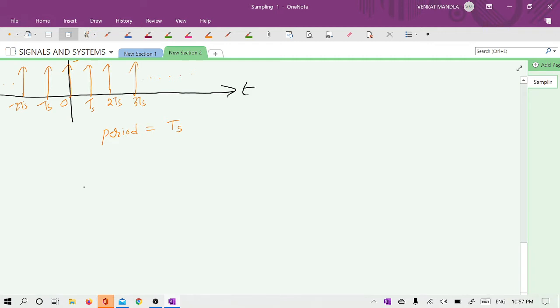So p of t has, let us say, Fourier series coefficient Ck that equals 1 by period, integral from minus Ts by 2 to plus Ts by 2 of the signal p of t into e power minus j k omega naught t dt, where omega naught equals 2 pi by Ts.